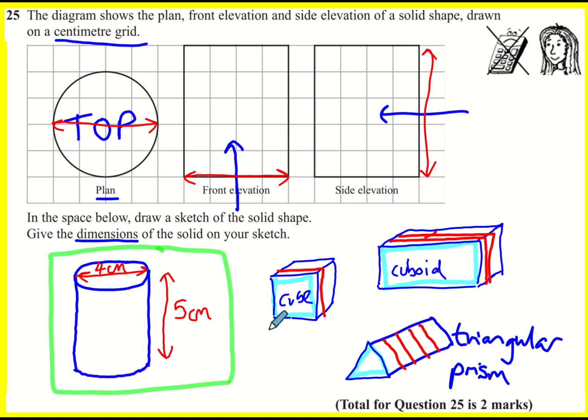In other words, that bright blue turquoise highlighting is the shape of the cross section. If you cut it along the red line, you would see a square. If you cut it along the red line here, you'd see a rectangle, and if you cut it along the red line here, you would see a triangle. So you get the shape of the cross section. That's the definition of a prism: if you cut it in this manner, you get the shape that is the cross section, and it's uniform all the way through.